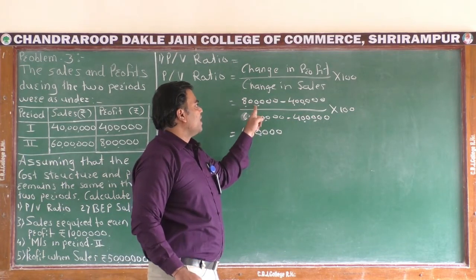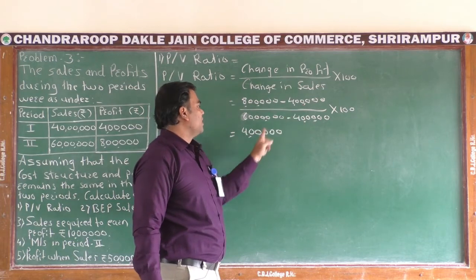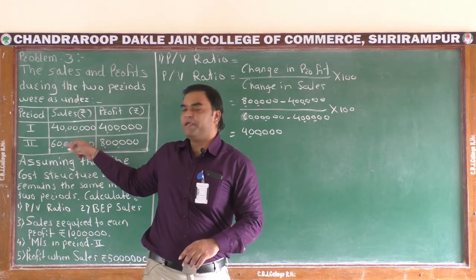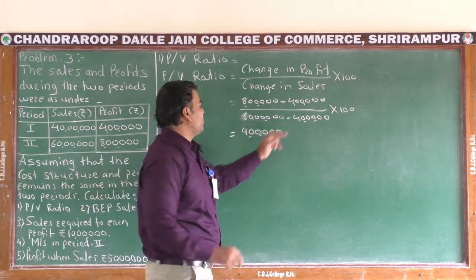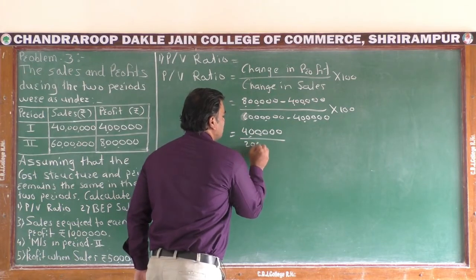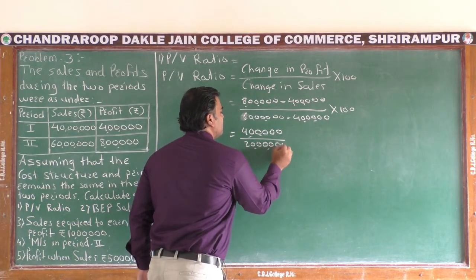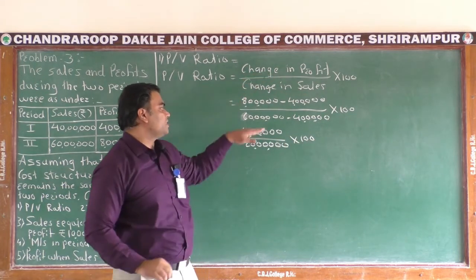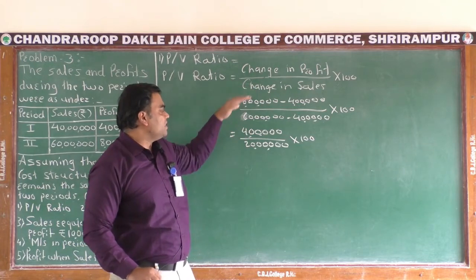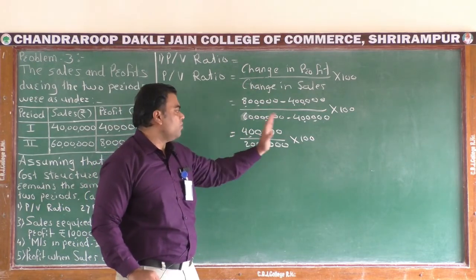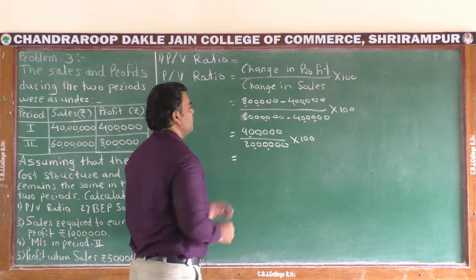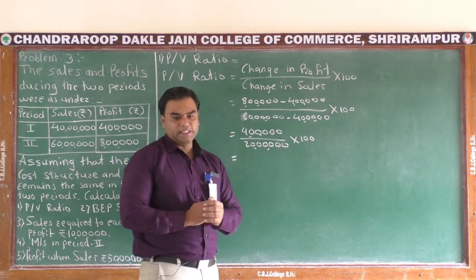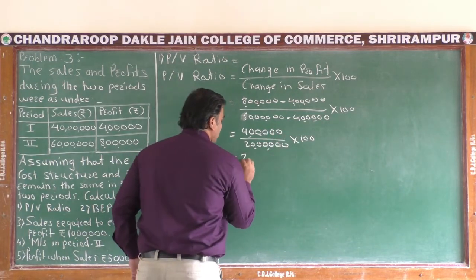You can see 8 lakh less 4 lakh is equal to 4 lakh. Then sales is increased by 20 lakh. You can see 60 lakh less 40 lakh, 20 lakh, into 100. So change in profit, which is 4 lakh, upon change in sales, which is 20 lakh into 100. So 4 lakh divided by 20 lakh into 100 is equal to PV ratio 20%.